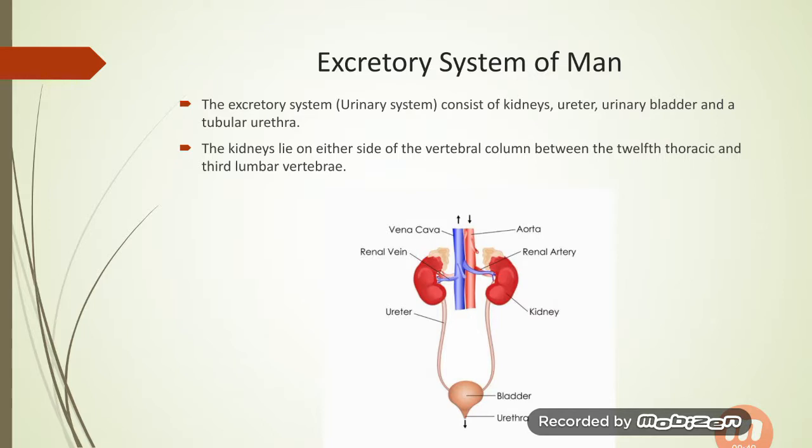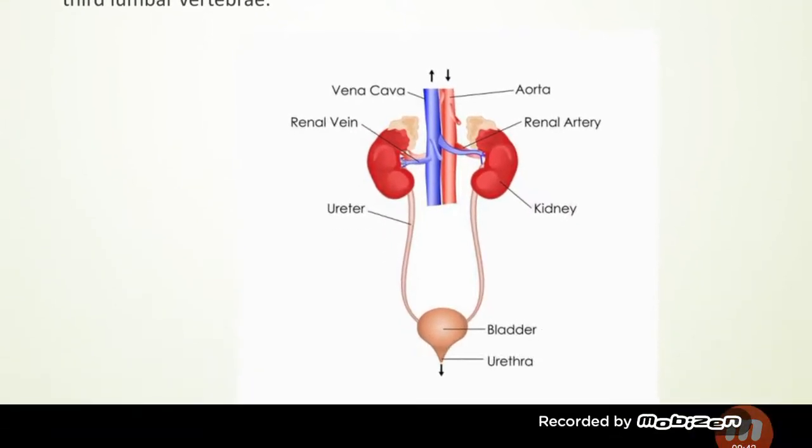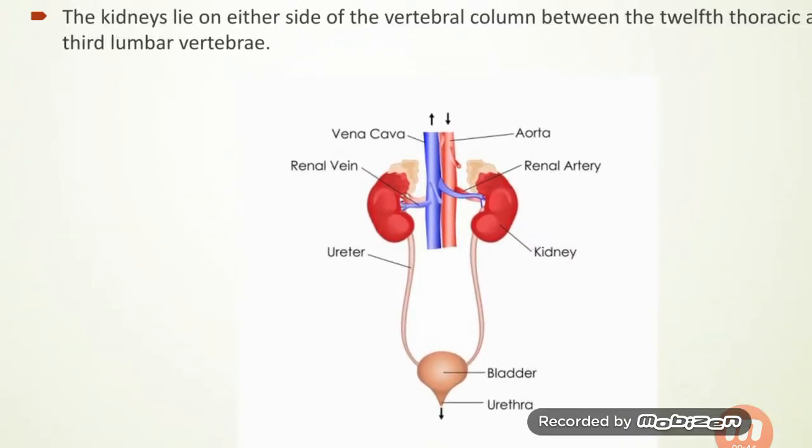You can see in the picture the two kidneys, which are bean shaped, are present here. Attached with the kidneys are two tubes which are called ureters. They end at the bladder, that is a bag-shaped structure which empties into the urethra.